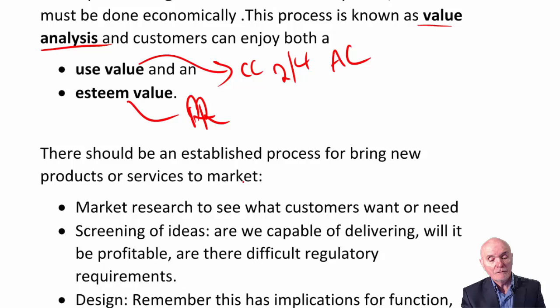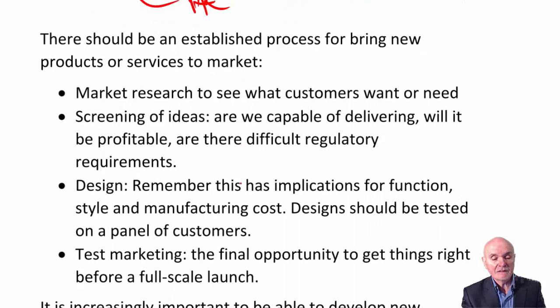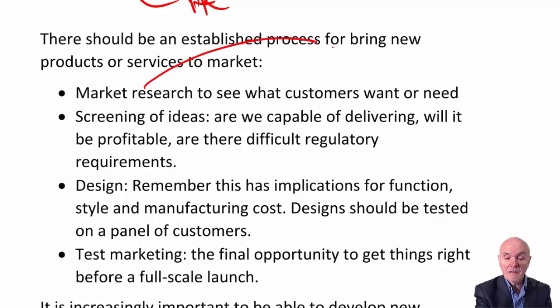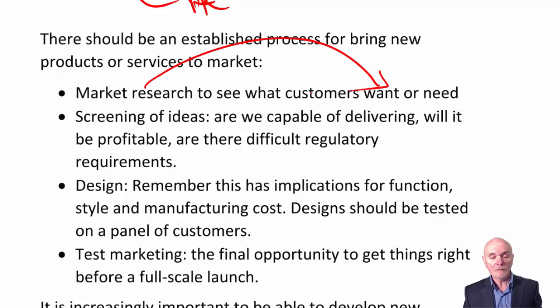What we need to do is see what customers want or need. Market research, which we're looking at in a later chapter on marketing, is very much about seeing what customers want, need or value. Then, if we're thinking of designing a new product, we must ask which of these products and services that customers want are we actually capable of delivering?